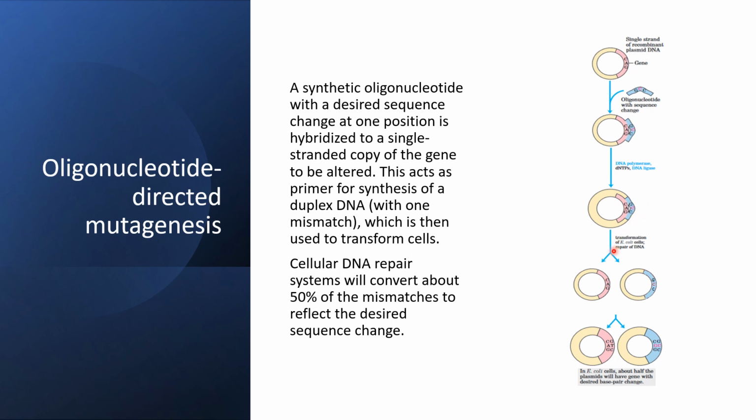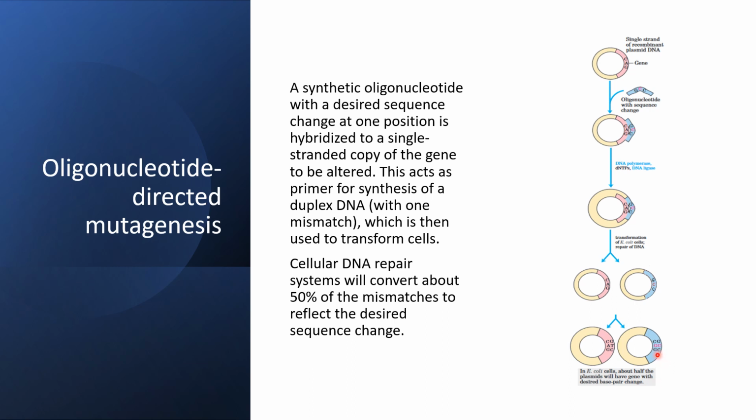For this, the cell will separate this duplex DNA and turn them into two single-stranded DNA. Then the cell will synthesize the complementary strand to both of these plasmid DNA. As a result, 50% of the mismatches will reflect the desired sequence change.